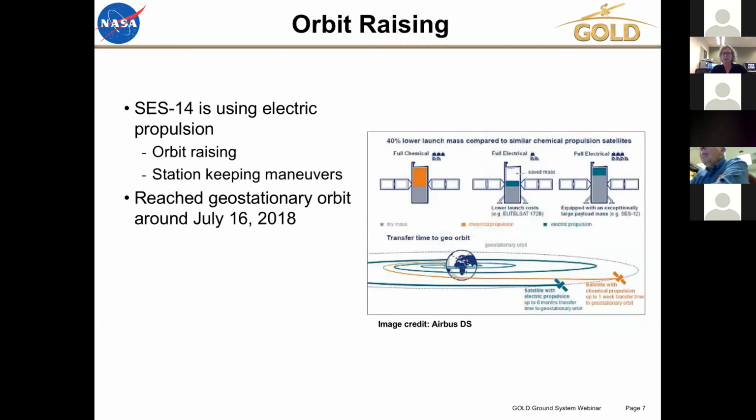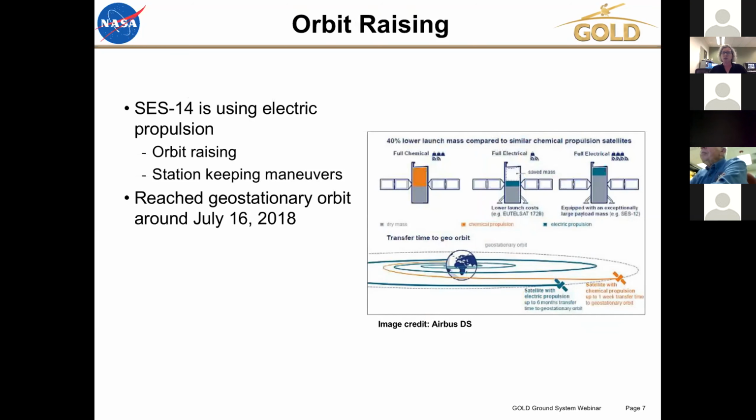SES-14 is using electric propulsion. For orbit raising, to get from the initial geotransfer orbit, which the launch vehicle put us in, to reach geostationary orbit, we used electric propulsion. From the previous slide, you saw we launched on January 25th, but we didn't reach our geostationary orbit until July 16th.